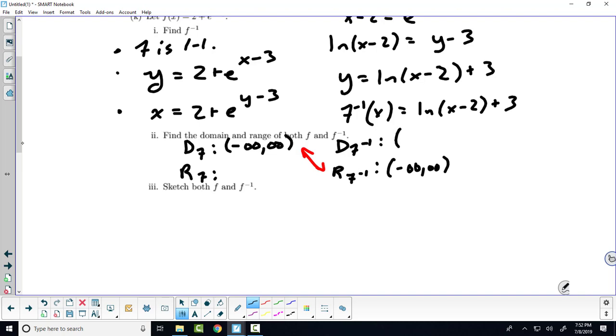I can't plug in a 0 for x. Greater than 2 to infinity? Yeah, from 2 to infinity, non-inclusive of the 2. But what does that mean in terms of the range of the original function? It's also 2 to infinity. Domain range, flip-flop. How are we doing? All right, I'm not going to worry about sketching them.